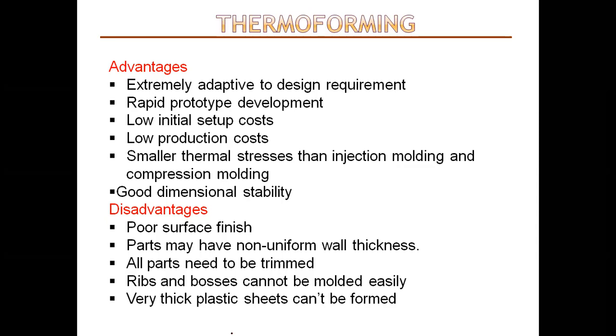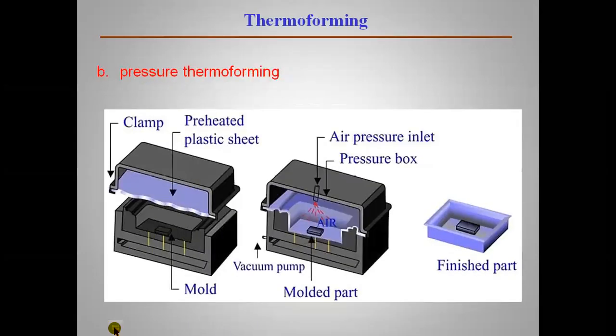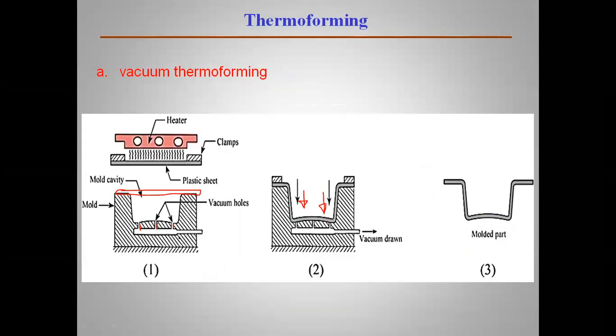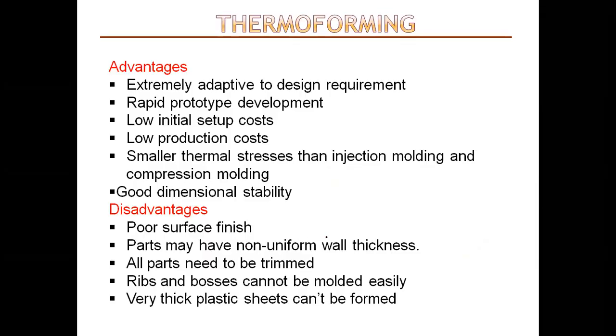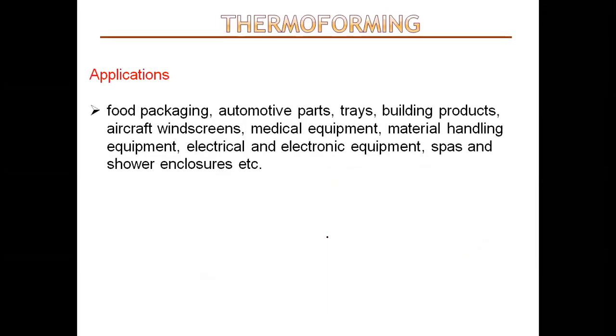The thick plastic sheet can't be formed in thermoforming processes. And in thermoforming process, it needs two mold halves. This is the limitation of the thermoforming process.